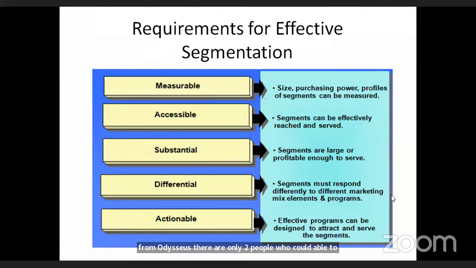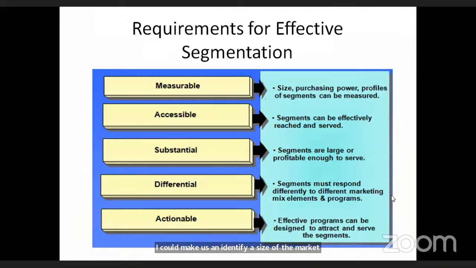Or maybe in West Bengal there are 7 people who are able to buy it. Or maybe in Delhi there are 25 people who have the ability to buy the product. So this is how I can say that according to the product price, I can identify the size of the market based on the purchasing power.